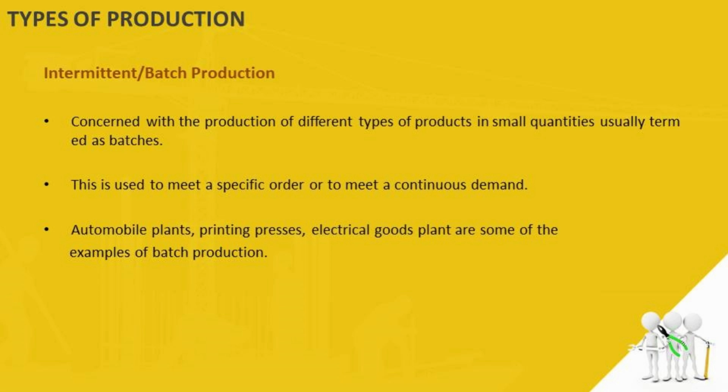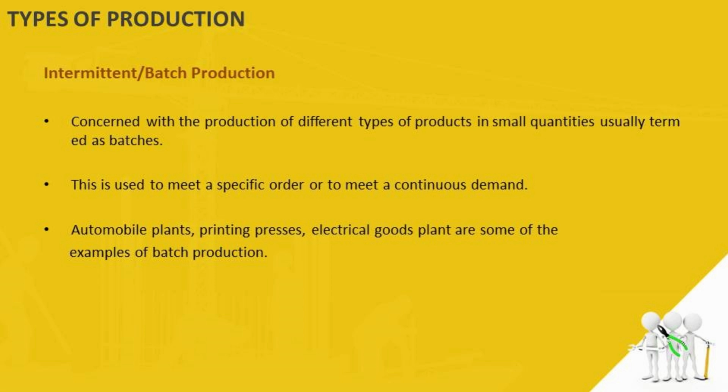Then we have intermittent or batch production, and this kind of production is concerned with the production of different types of products in small quantities. They are usually termed as batches. A batch contains similar products but in small quantity. This is used to meet a specific order or to meet a continuous demand. A batch can be manufactured either only once or repeatedly at irregular time intervals, as and when demand arises, or repeatedly at regular time intervals to satisfy a continuous demand.